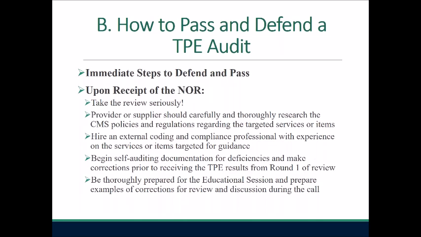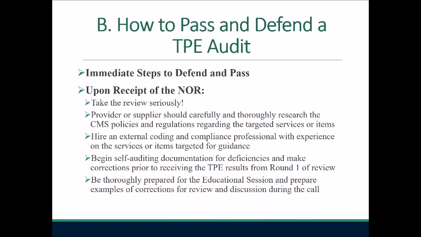This next point is probably the one that is hardest for providers to understand, but it is so critical: begin self-auditing documentation for deficiencies. So find the rules, self-audit your own charts against the rules. Look for your own errors, all right?